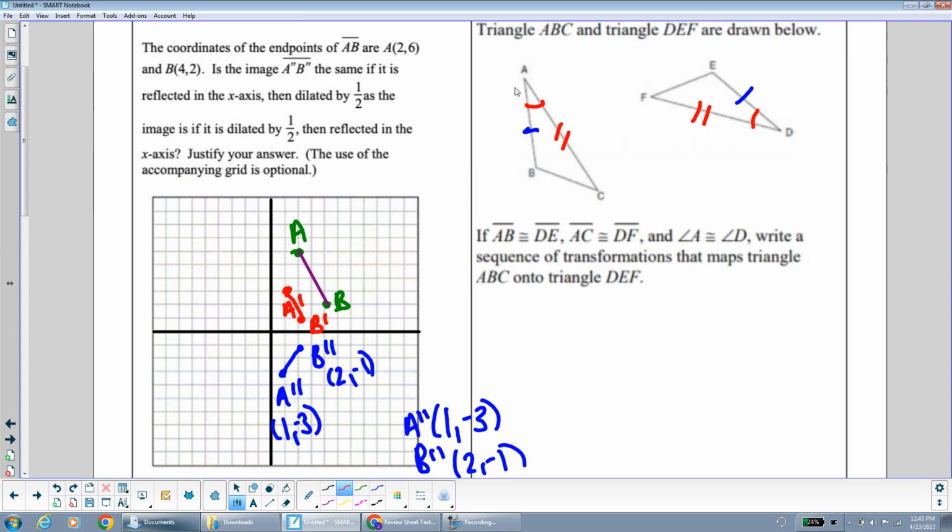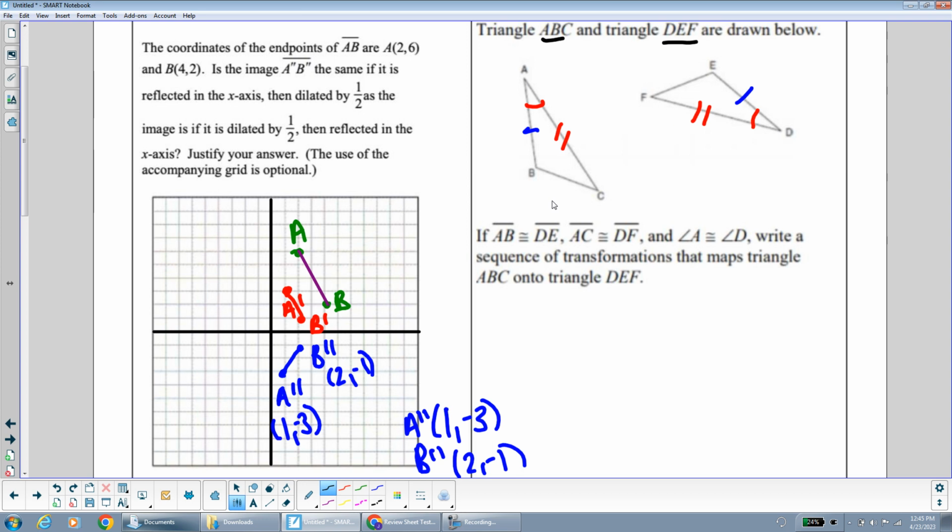So let me just picture if I took this and I turned it just right where it is right now. A would be in the same spot as D. B would be in the same spot as E, and C would be in the same spot as F. So based on the triangle name, rotating it would make the orientation be the same as the way that it's supposed to end up.